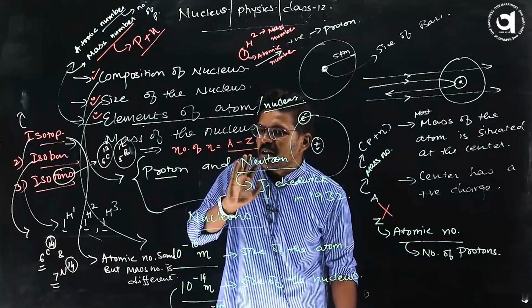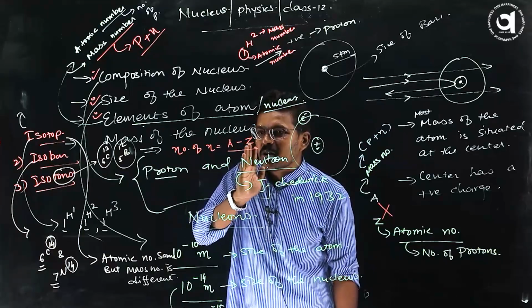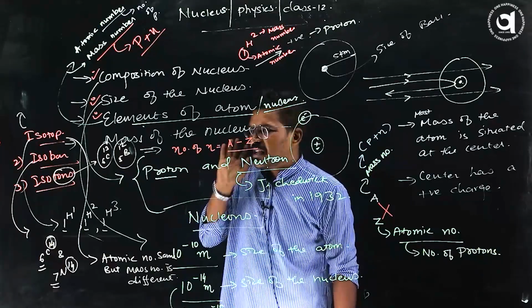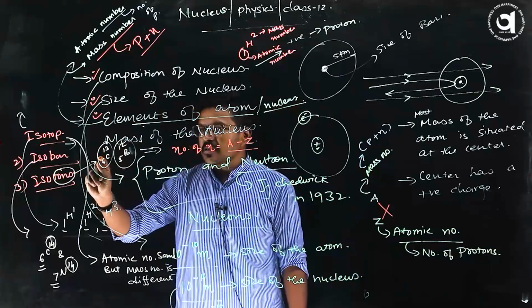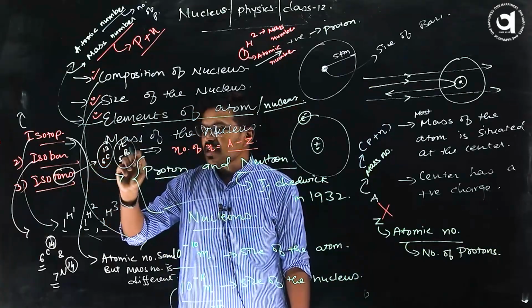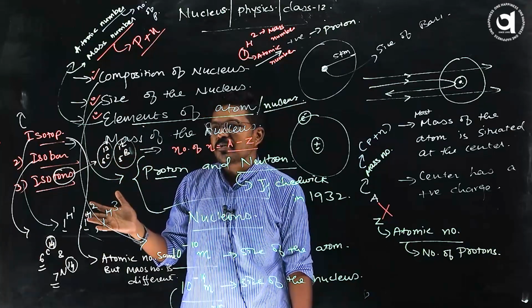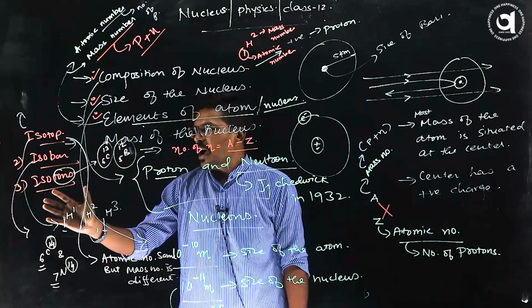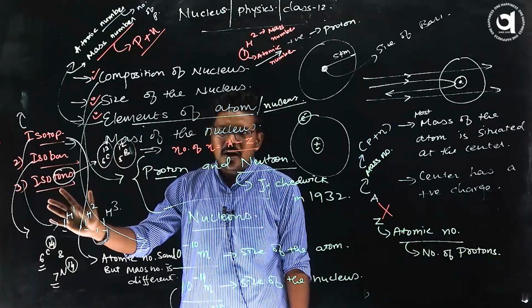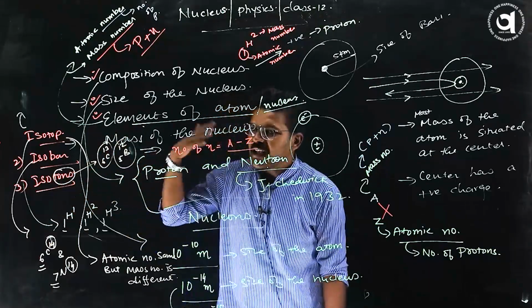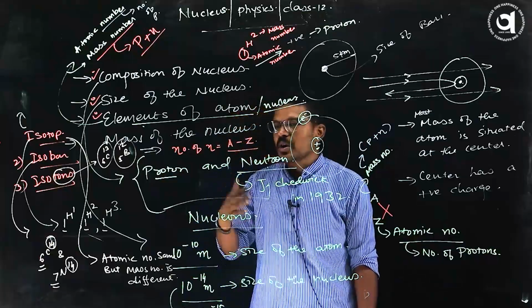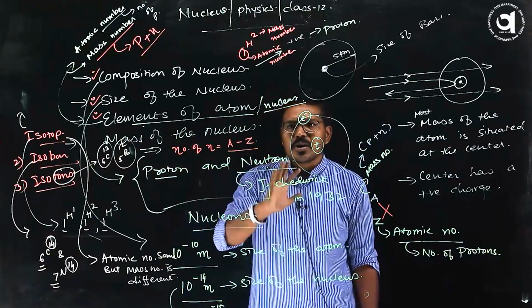What is atomic number? Atomic number is the number of protons present in the nucleus. Here we will see 13 minus 6 is 7, and 12 minus 5 is 7. Both have the same number of neutrons, so they are called isotones. Next time when we meet, we'll discuss the mass of the nucleus.